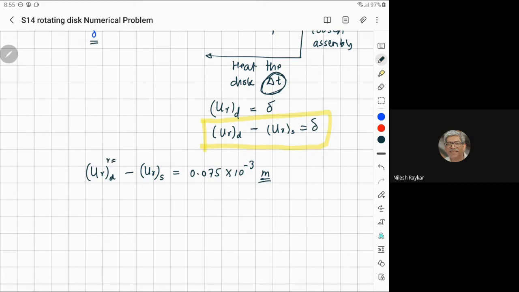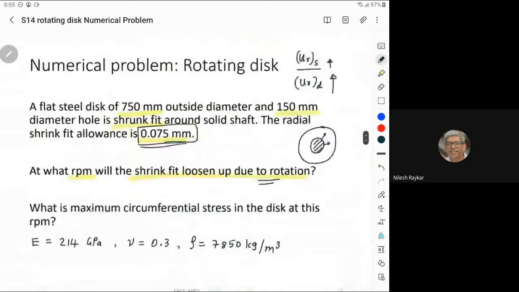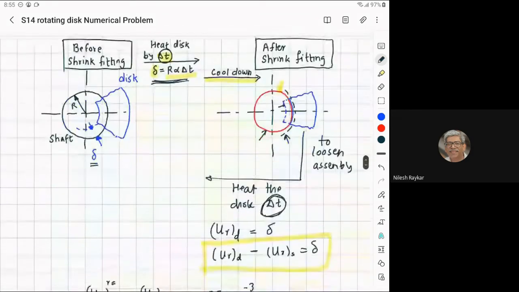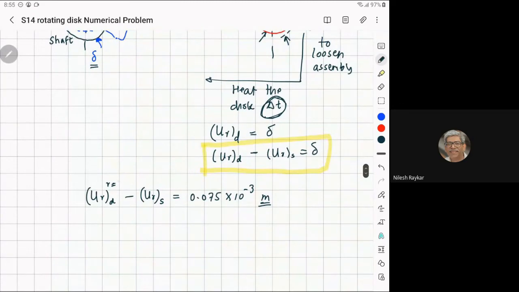Inside radius in our case, diameter is 150, so it will be equal to 75 millimeters, that is 0.075 meters. So for both these cases, r will be equal to 0.075 meters.